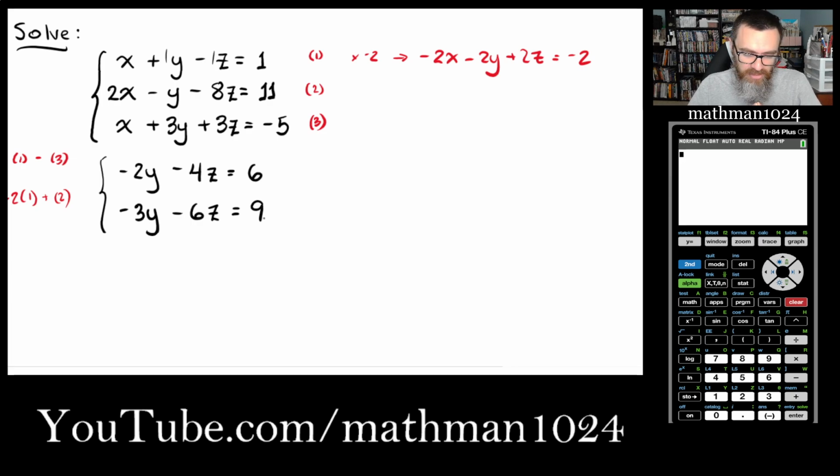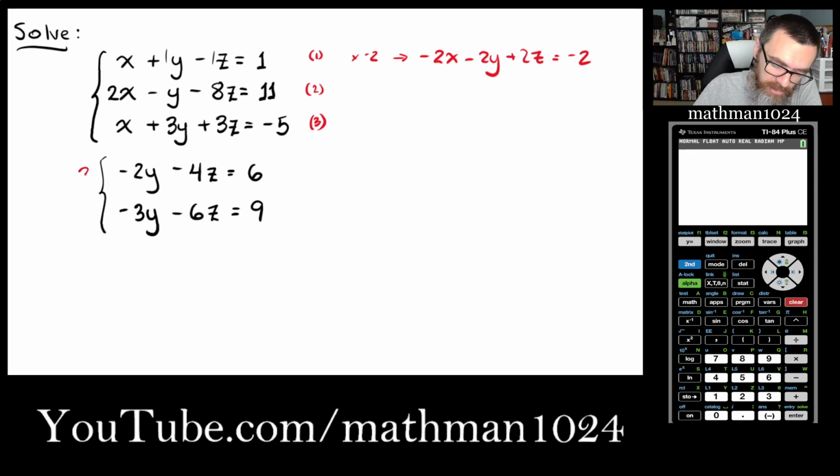Well, let's try to get the y's to go away, right? So if I want to do that, let me just erase this stuff out here for right now. If I multiply the top equation times 3 and the second equation times 2, just by crisscrossing those coefficients, they would both give me negative 6y, but I need one of them to be positive, one to be negative.